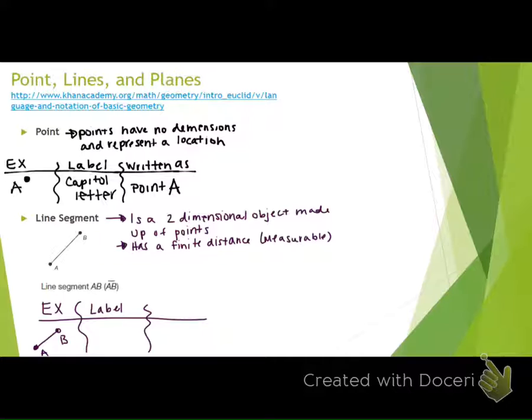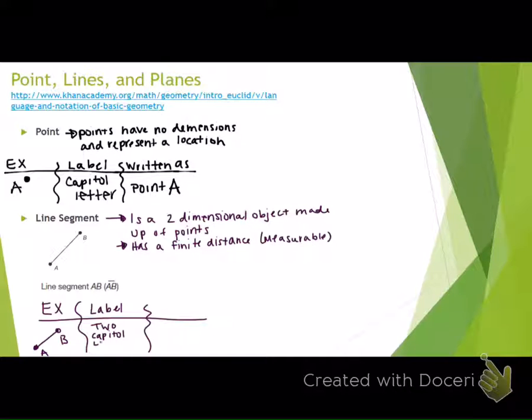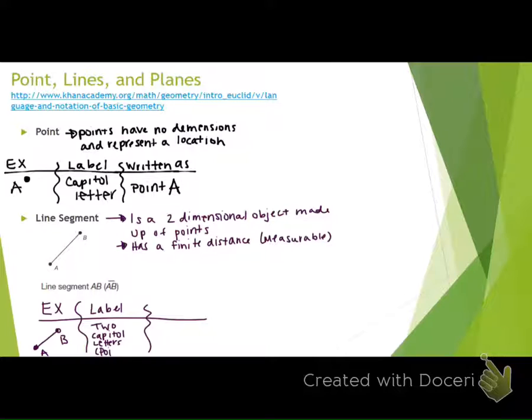To label it, you use 2 capital letters, which represent points. So you're using 2 points along the line segment to label it.